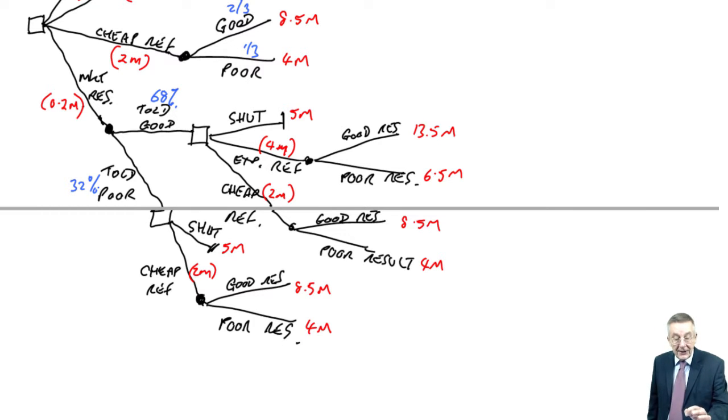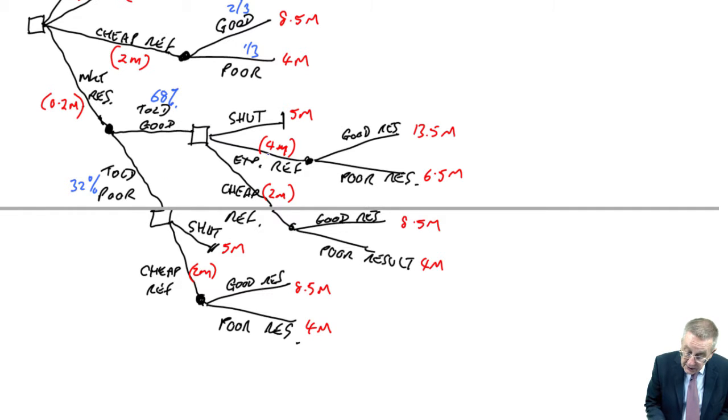Suppose they tell us it's good. They tell us it's good, but here it says it cannot be guaranteed to be accurate. So if we do carry on and decide to refurbish, they may have been correct and it says good, or they may be wrong and it says poor. Well, it says if the research indicates a good result, then the probability of the actual result being good is 91%.